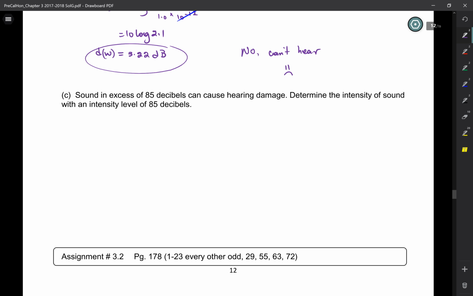Okay. So sound in excess of 85 decibels can cause hearing damage. What should the intensity of sound be for a level of 85 decibels? Right? So now we're going the other way. So 85 is equal to 10 log W over this constant.